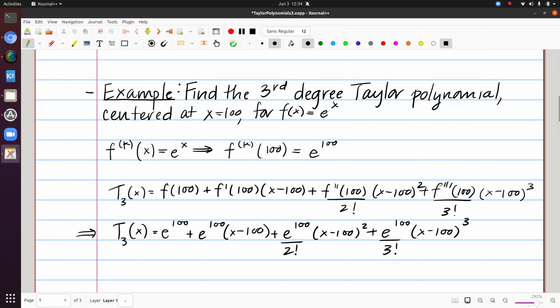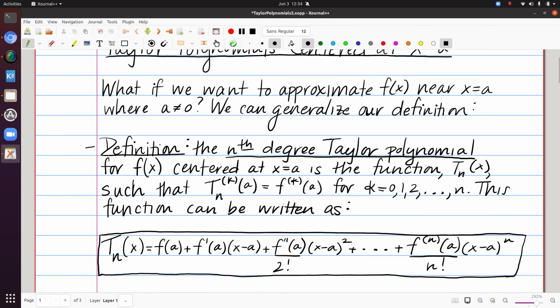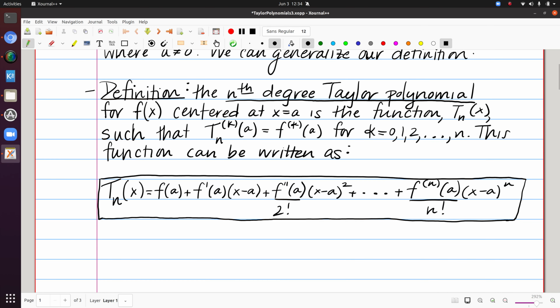So that's our final answer. And I'll point out, just coming back up to this definition here, the only thing that changes in this definition as you change your function is what I'm boxing in green here. So these are the things that we had to supply for our special situation to get the desired Taylor polynomial.